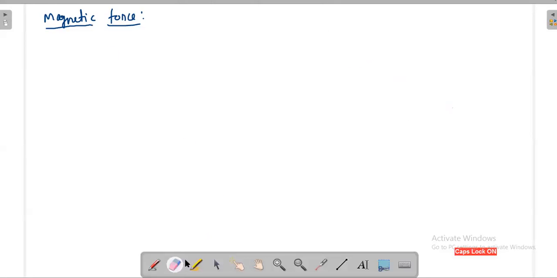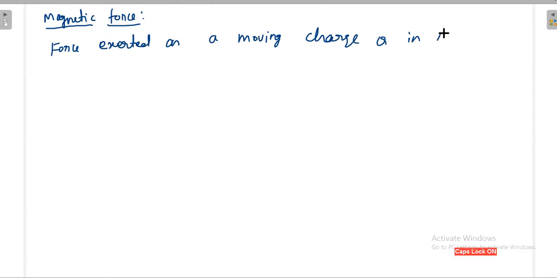So what is the magnetic force? It is the force exerted on a moving charge Q in a magnetic field.